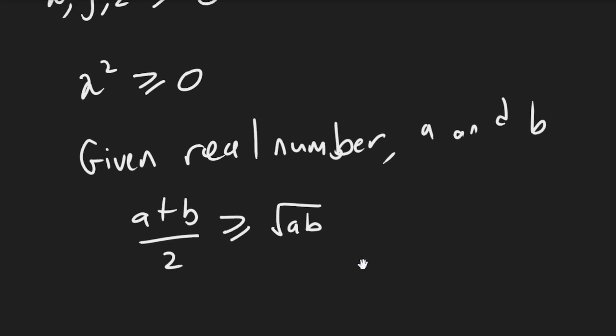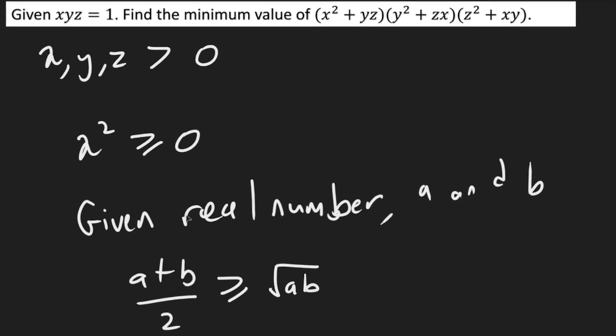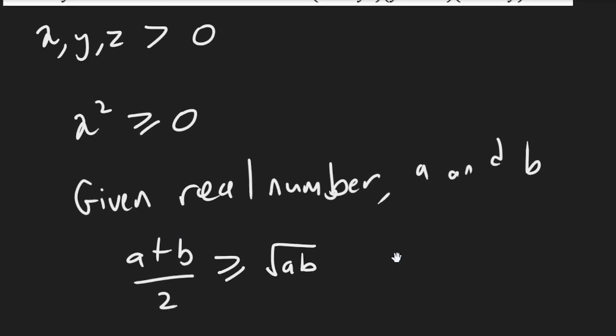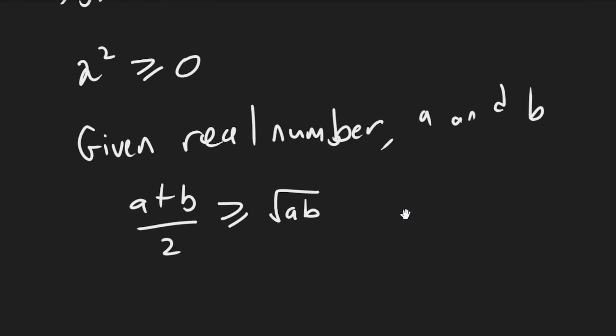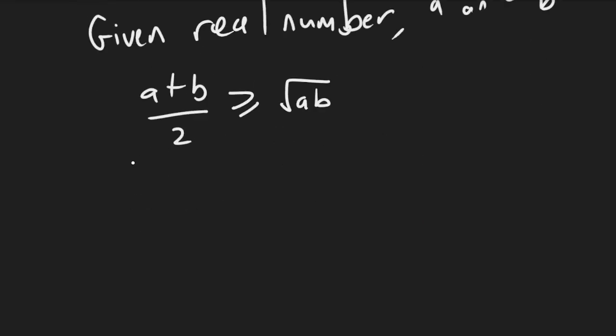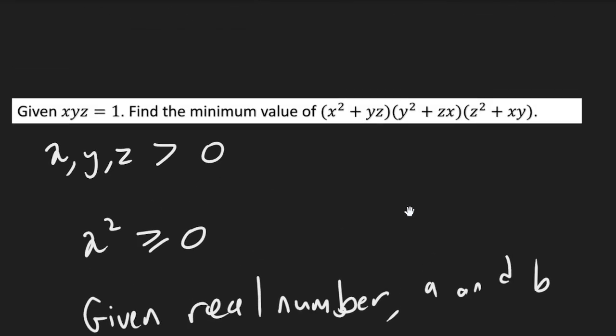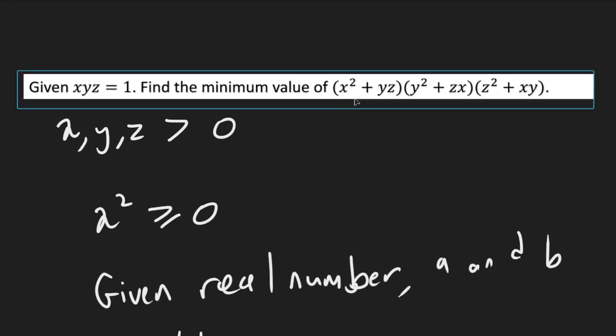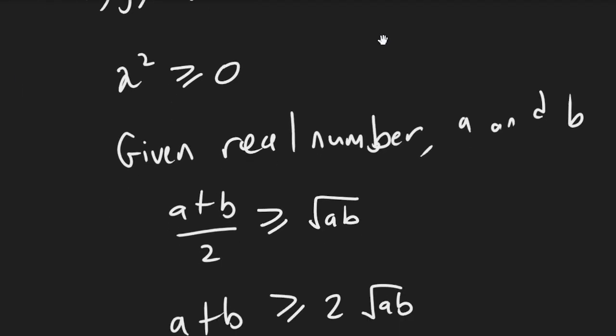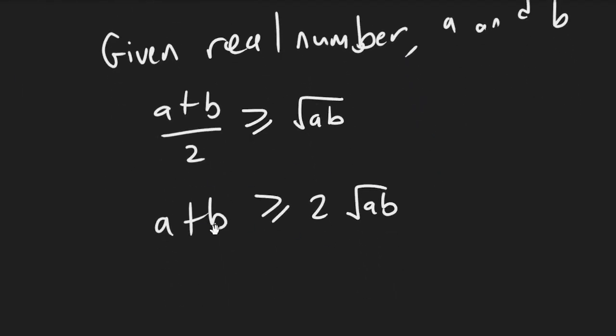So how are we going to implement this into our equation? Let us rearrange, and we have A plus B is greater than or equal to 2 square root of AB. Now, let us take a look at the equation first. We have x squared plus yz, and we see that there's a plus sign here. Where do we see the plus sign in the inequality?